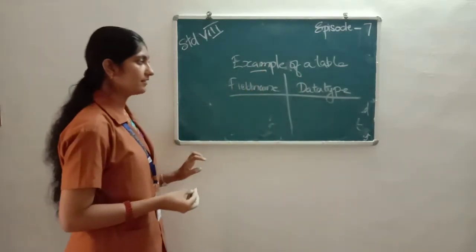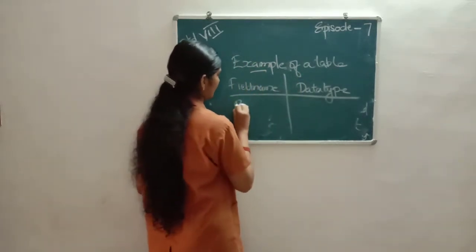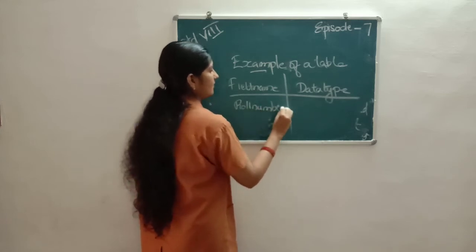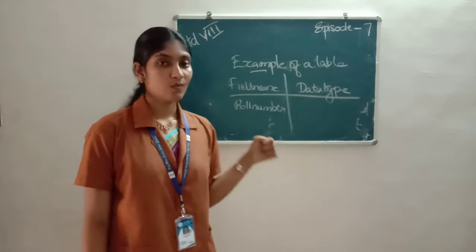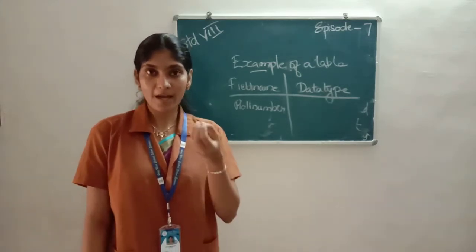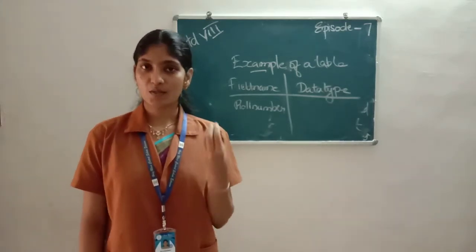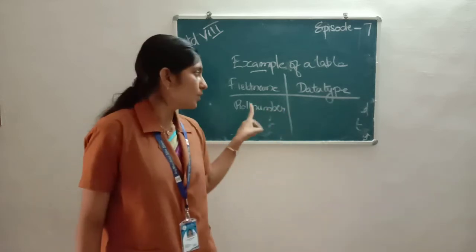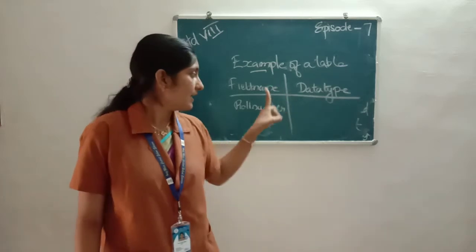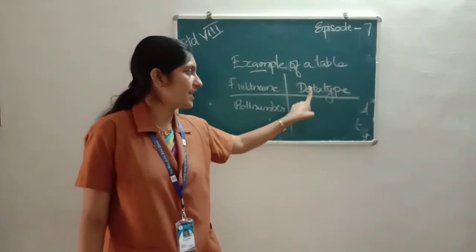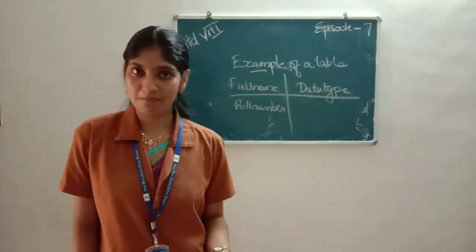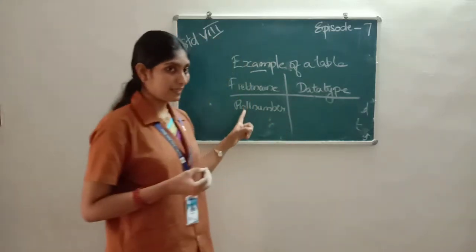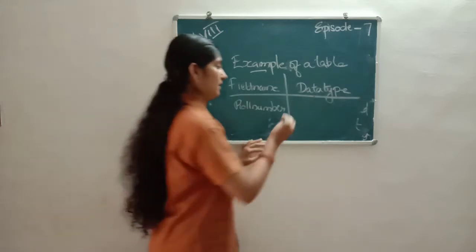So first one, roll number. Can you tell me roll number is a what? A number. Roll number 1, roll number 2, roll number 3, roll number 4, etc. Right? So roll number is a number. So what is the type of data, or data type? It is a number. So here we can put the roll number as auto number.